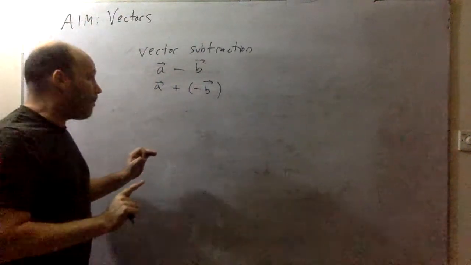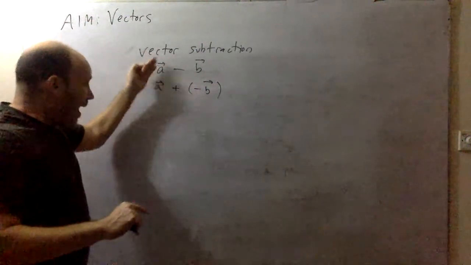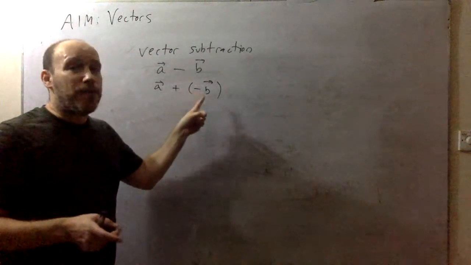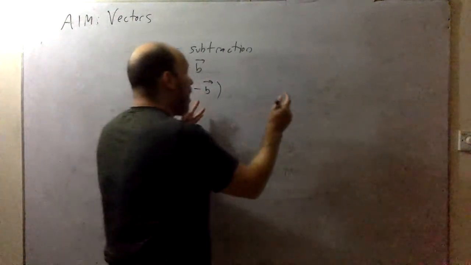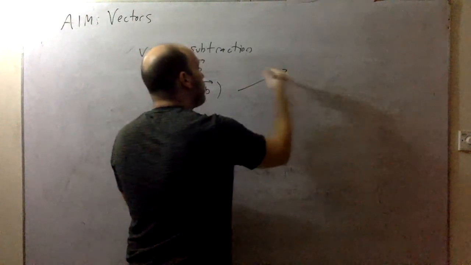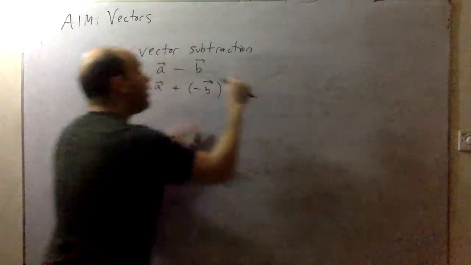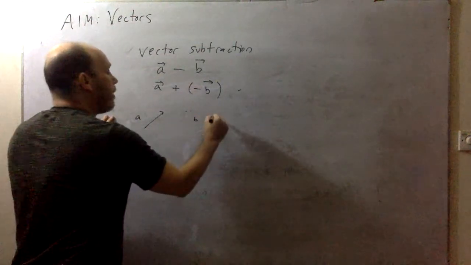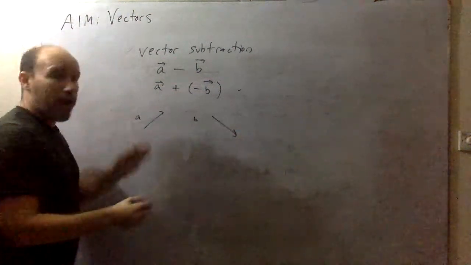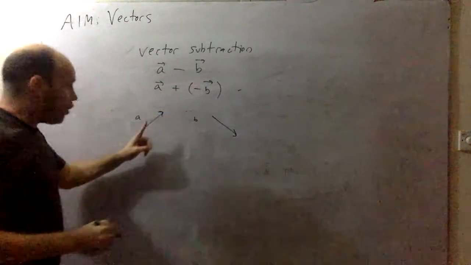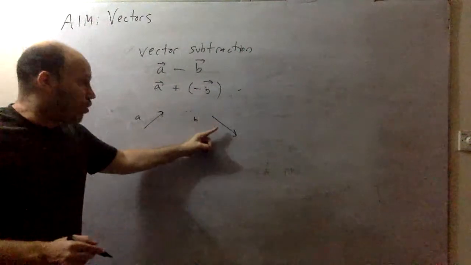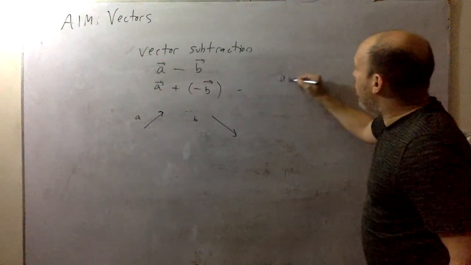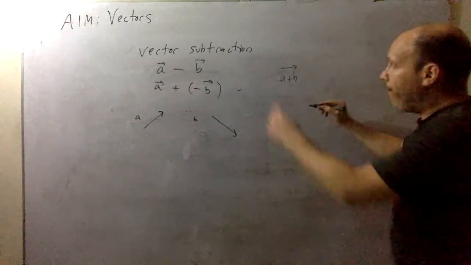This is kind of cool. So once again, vector A and vector B are defined, but now we're told to go in the opposite direction of B. So let's make a diagram. This is A, and this is B. This is the journey A and this is the journey B. So you say, okay, how do I write A plus B?